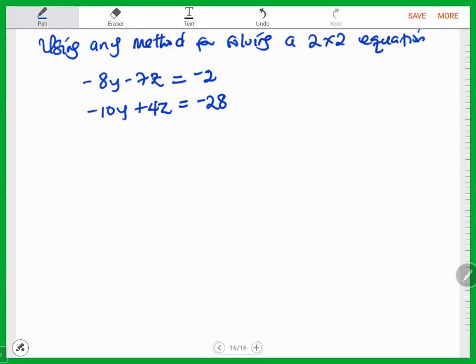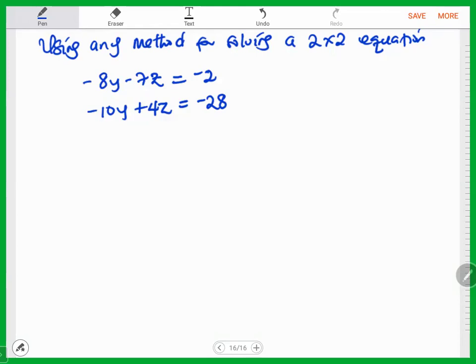Graphical is going to take time. You can't use graphical here. You can use substitution, one of those two. Yes. Let's use elimination again. It doesn't take a lot of time. So if we use elimination, which variable should we eliminate first?